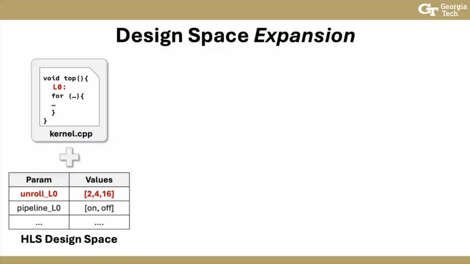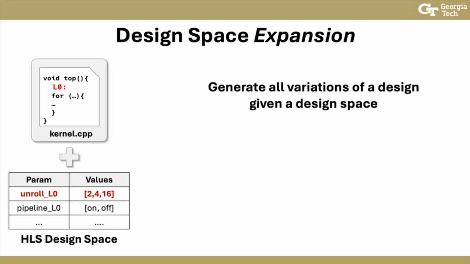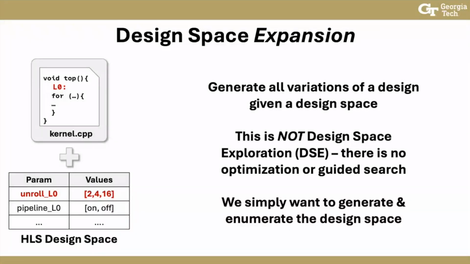So, let's say, same example, you have a loop, you might want to unroll it, but you also have other factors, maybe you have pipelining pragmas where you want to say on, off, don't pipeline or pipeline this part. And then you also might have array partitioning pragmas. So the idea here is that we want to generate all variations of a design given its design space, right? So this is not design space exploration.